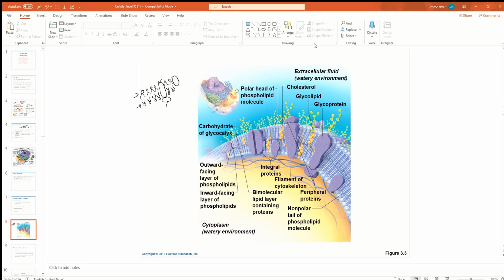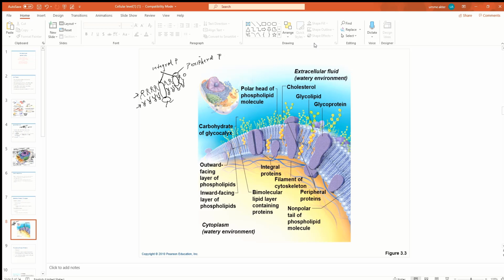Some of them pass through the phospholipid bilayer completely, some of them are deeply inserted. So these are integral proteins. And this is a peripheral protein. If you see another one attached here, this is a peripheral protein. So two types of proteins are in the cell membrane.